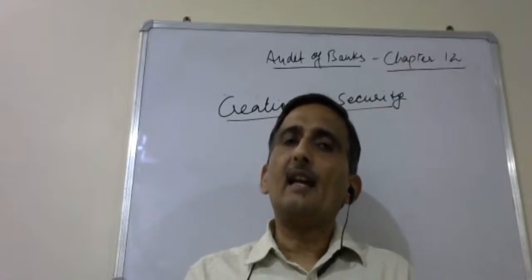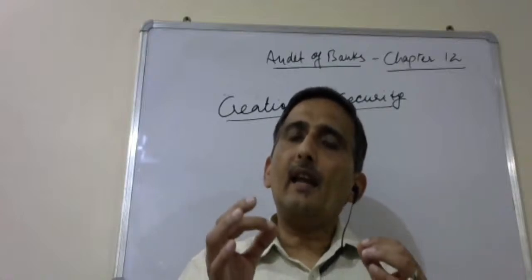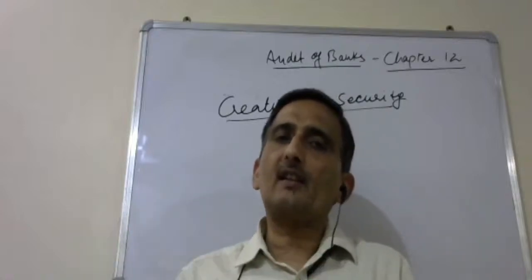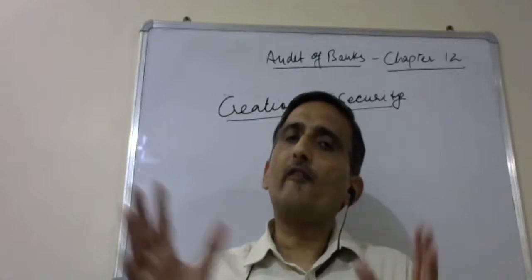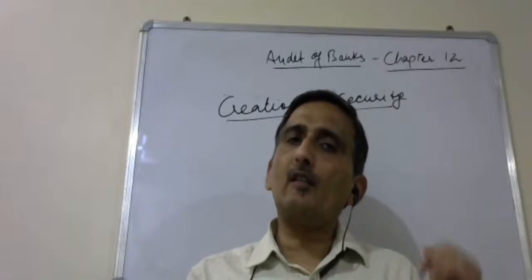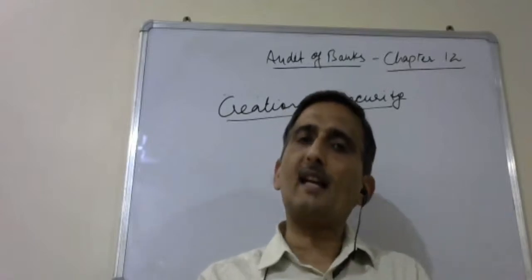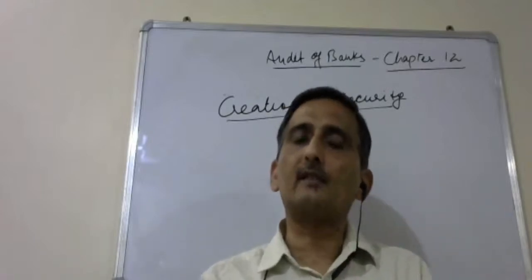Like say, if to a firm, to a company, a cash credit limit is sanctioned. Now cash credit is for purchasing stocks. Now we had discussed what kind of security is stocks. Stock is primary security because loan has been granted against the stocks.